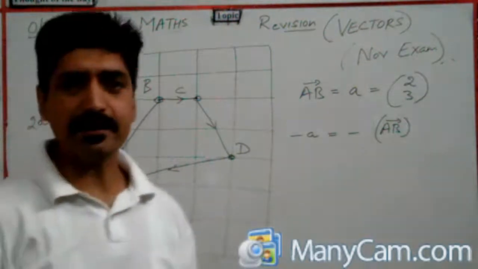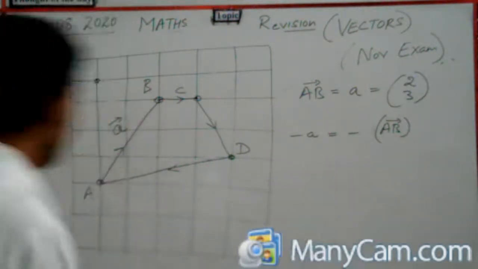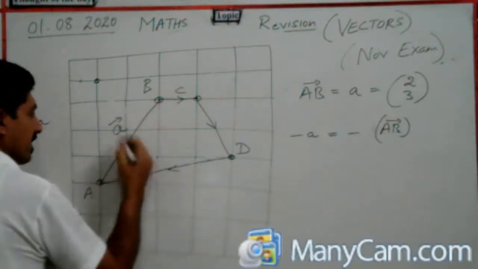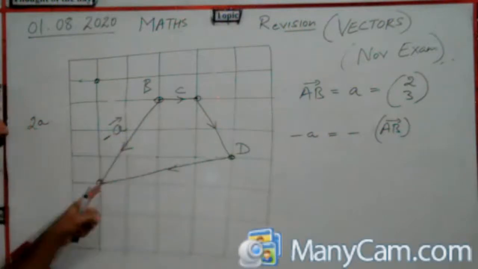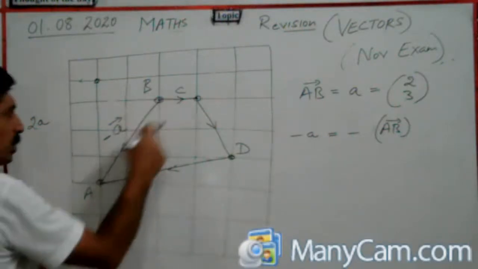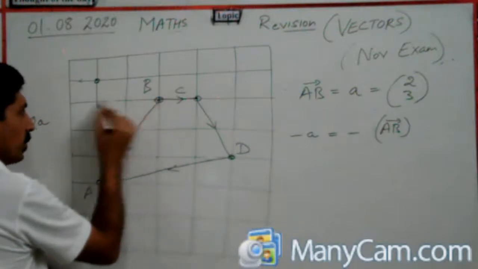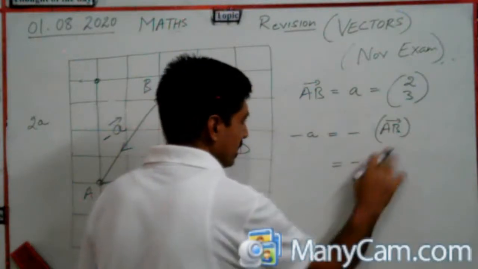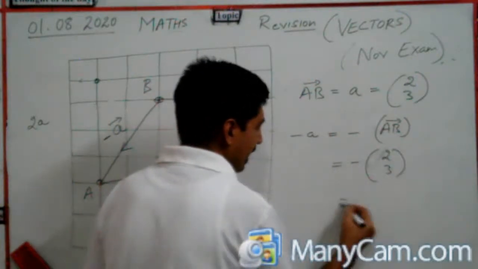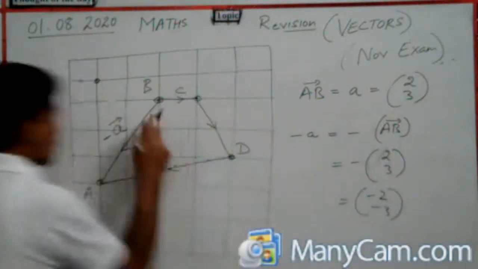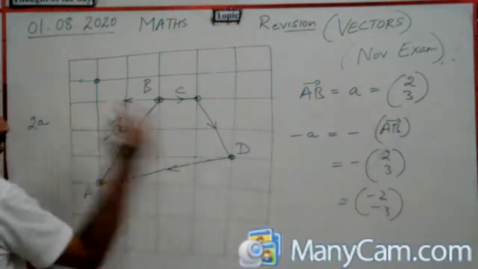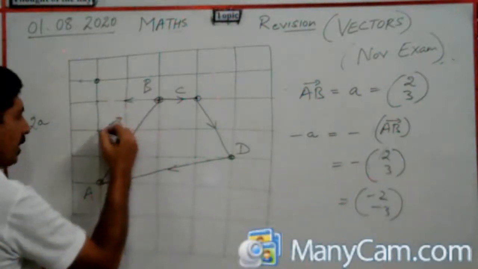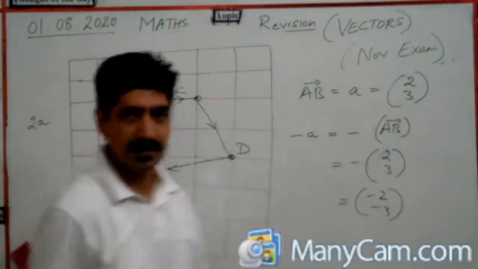The negative vector has the same magnitude but opposite direction. When we are going from B to A, this vector is called minus of a. So what is B to A? The x is 2 units in the negative direction, and along y it is 3 units, so we write minus 2, minus 3.